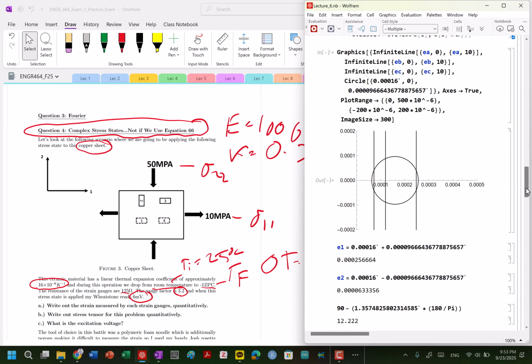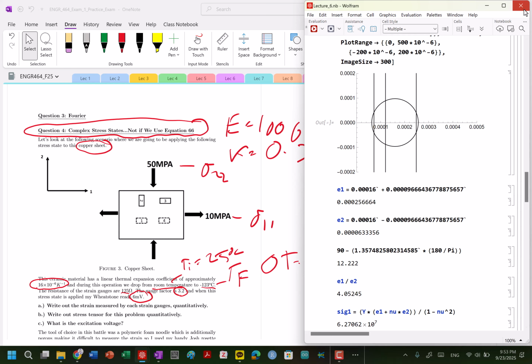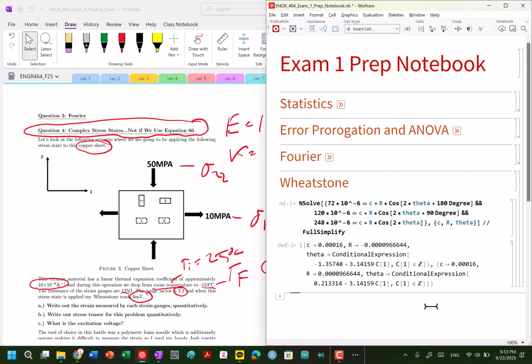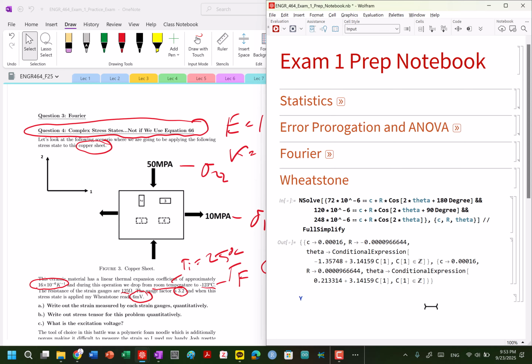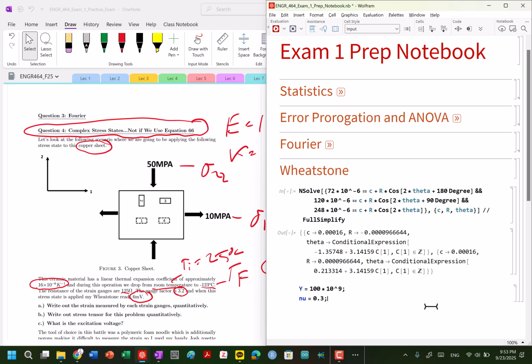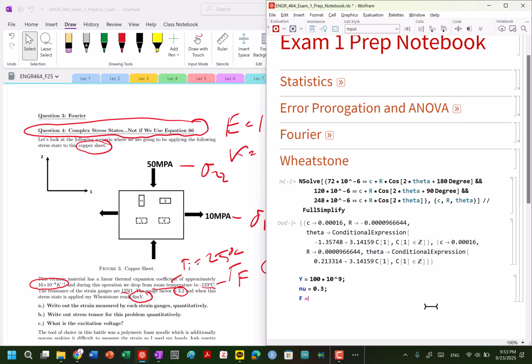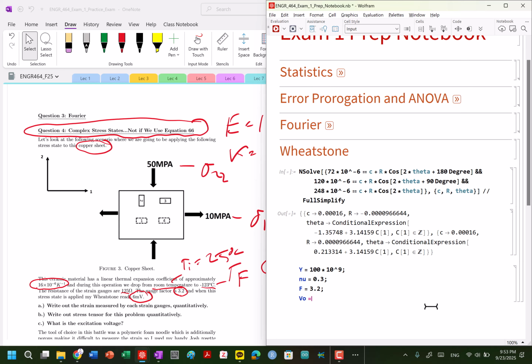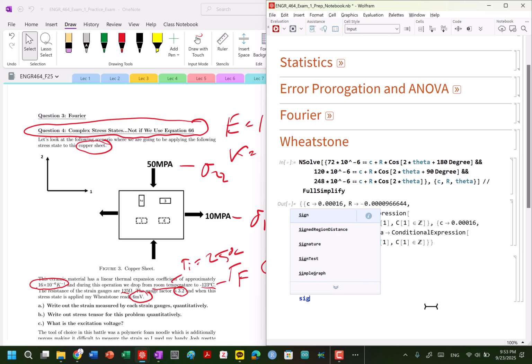So we're given, this is lecture 6. I want to look at our exam notebook. All right, so our material, Y is equal to 100 times 10 to the 9th. We're also given nu is equal to 0.3. We're given our gauge factor is 3.2. Our V naught is equal to 6 times 10 to the minus 3. Our sigma 22 is equal to negative 50 times 10 to the 6.